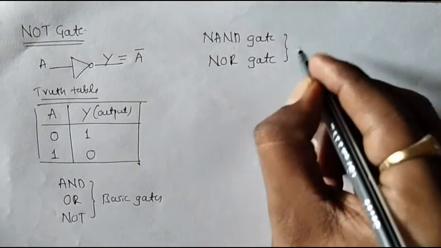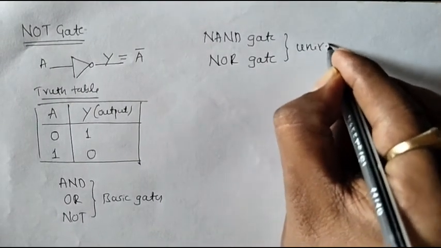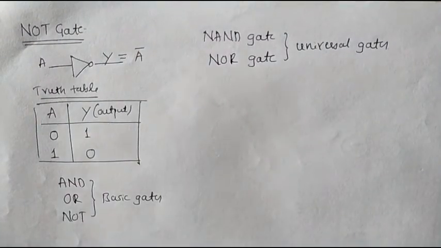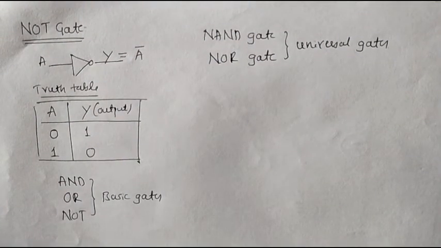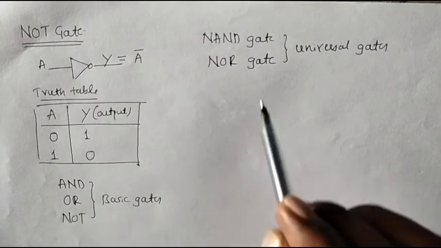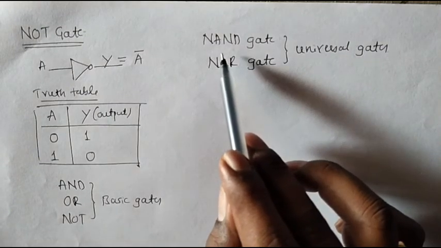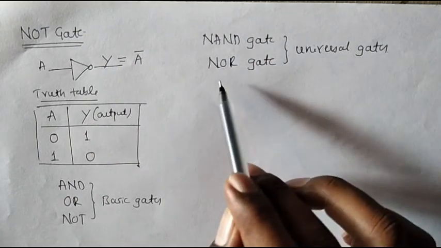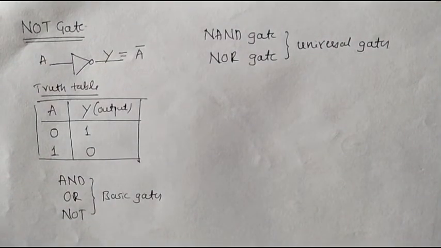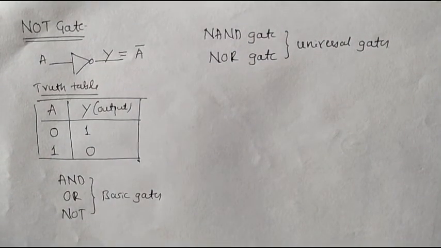These two gates are known as universal gates. The word universal gate is used because we can implement these three basic gates using either NAND gates or using NOR gates. Therefore NAND and NOR are known as universal gates.